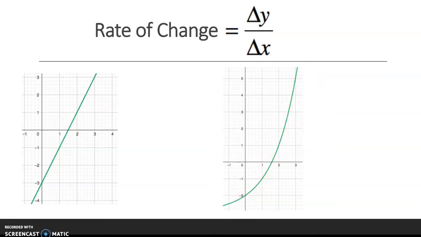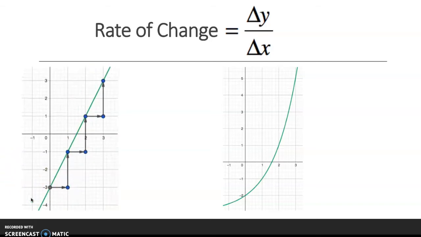Okay, so just to do a quick recap of slope calculations, rate of change we can calculate between any 2 points. We can find an average rate of change. For example, in this graph here, on the linear appearing graph, we can choose a bunch of points along that graph, 1 point, 2 points, 3 points, 4 points, and we can find the rate of change between each of those pairs of points.